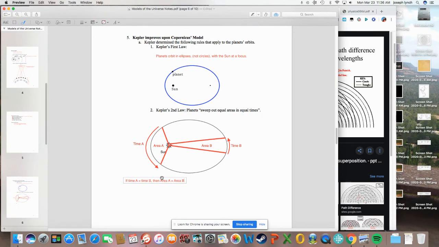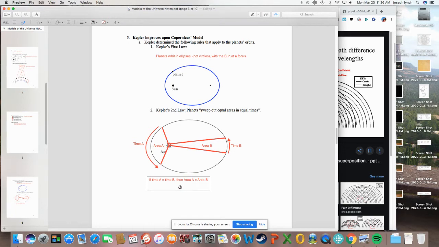Now, one thing that is kind of important about that: for that to happen, area A here is kind of short but fat, and area B is long but skinny, to make the areas equal to each other. If that's true, it covers a lot more distance here than it covers here in the same amount of time.